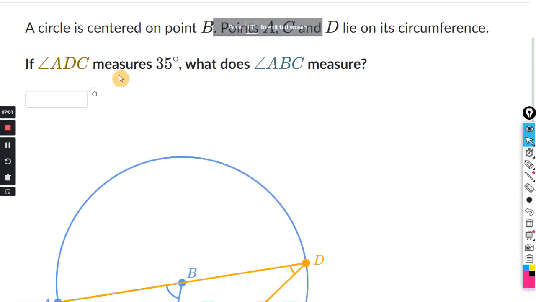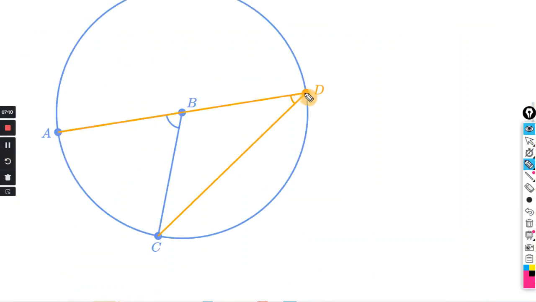If angle ADC measures 35, what does ABC measure? Angle ADC is 35, and ABC we do not know, so we will call that X. Notice both angles intercept the same arc, the arc that runs from A to C. This angle here is the central angle, and this bigger angle is the inscribed angle.